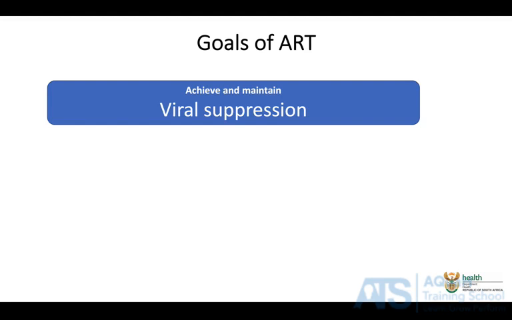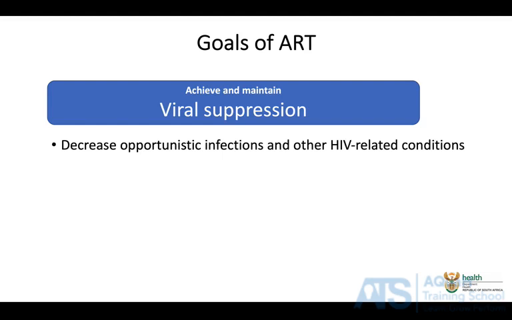Ideally within 6 months of starting ARVs, when patients get their first viral load as per the guidelines, we expect patients to be suppressed, and we have to institute processes to ensure that they are maintained on treatment and they are suppressed.